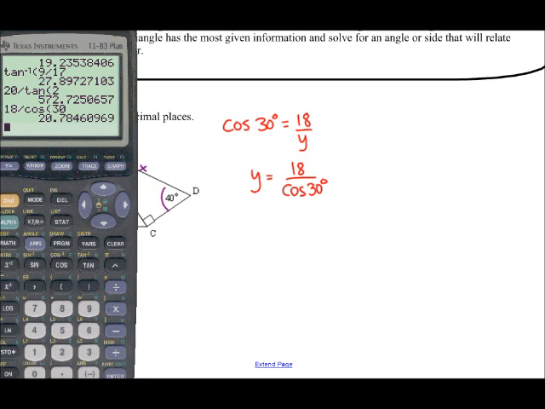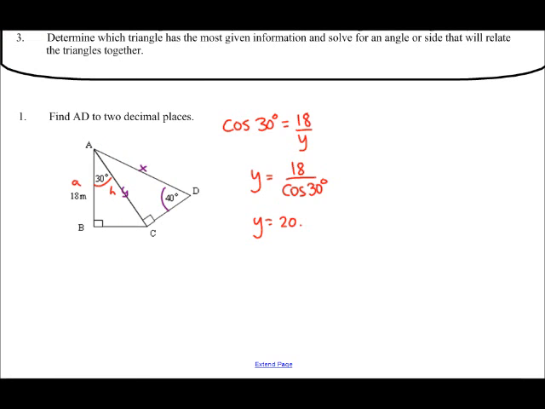That happened to a bunch of people in the quiz today. They used a rounded answer in future calculations, and then their whole answer was off a few decimal places. So that's why. I can write down 20.78 for now, but we're going to use the exact value in our future calculation. So now we know this is 20.78.